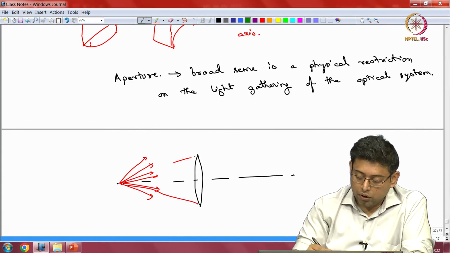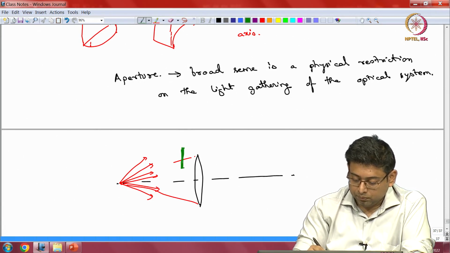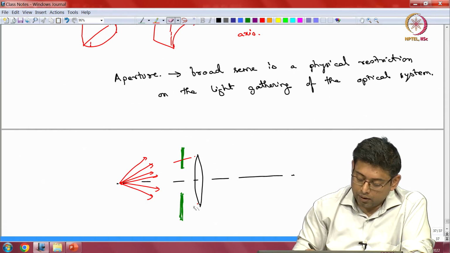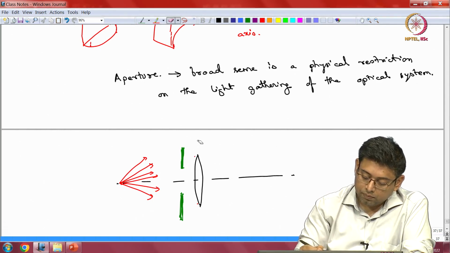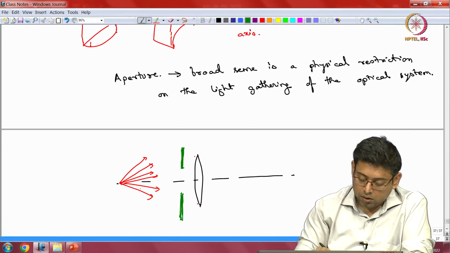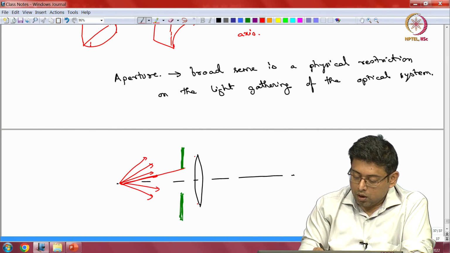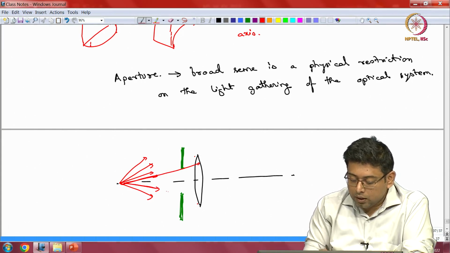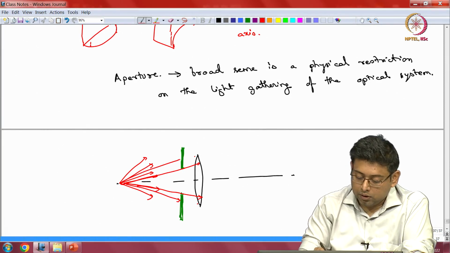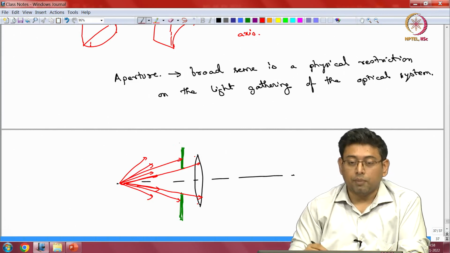But what you can do is you can put a geometrical obstruction such that this light ray can no longer pass. Okay. So, only the rays that are passing through this opening will pass, all the other rays will be obstructed. So these rays are obstructed. So this is an example of an aperture.